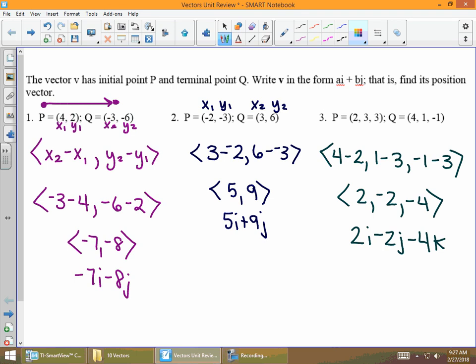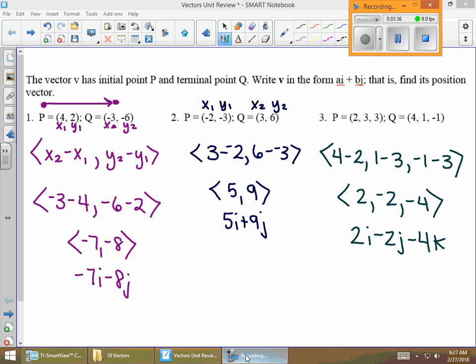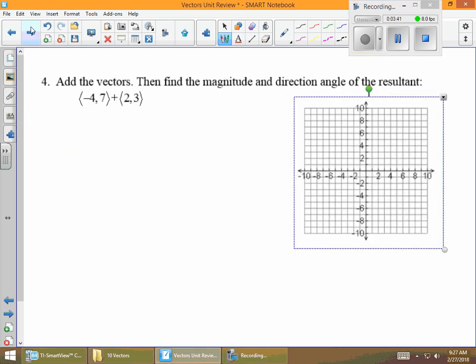Again, the math isn't hard. Knowing what to do when can be a little bit challenging. Same thing with this next one. We're adding 2 vectors and finding the magnitude and direction of the result. So the first thing we want to do is add the vectors. I do want to see you add the vectors on the graph as well, but you can just add their components to check your work.